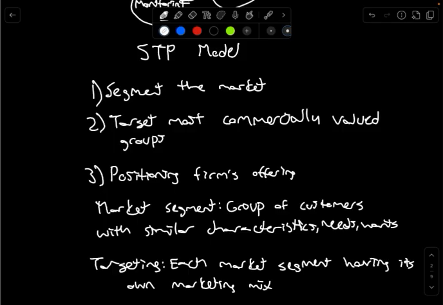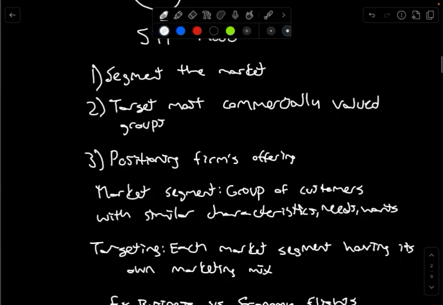And then targeting the most commercially valued groups of customers. Again, the groups that have been decided through the segmentation of the market. And then positioning the firm's offering in the market.